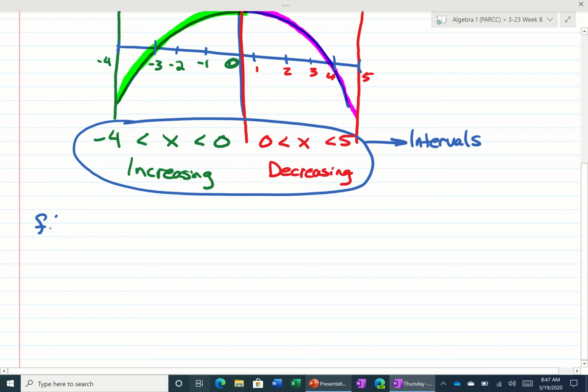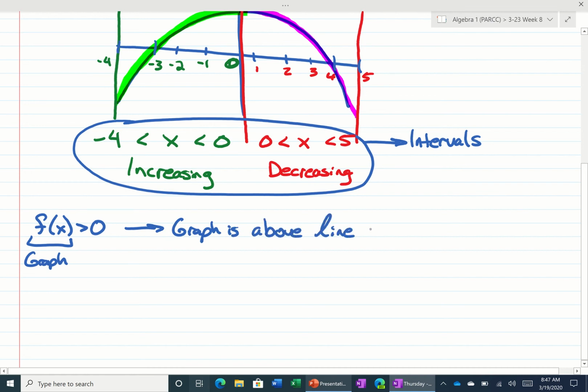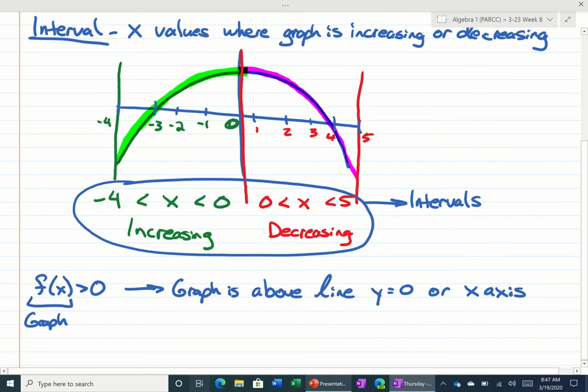We want to know, what is f of x greater than 0 mean? This just means that the graph, f of x is the graph, is above the line y equals 0 or the x-axis. So look at your graph.